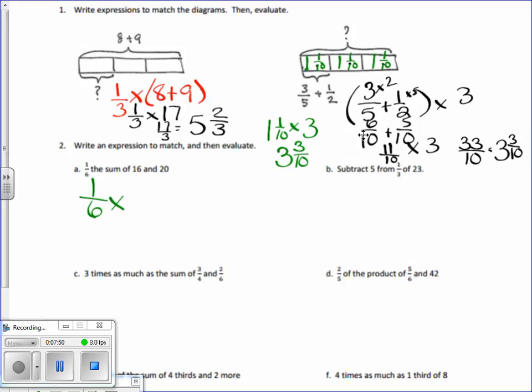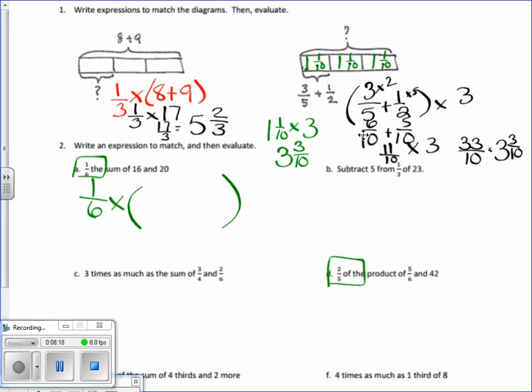1/6 times something. When it says 1/6 of the, or a fraction of the, you are taking that fraction and multiplying it by something. So 1/6 times something in some parentheses.